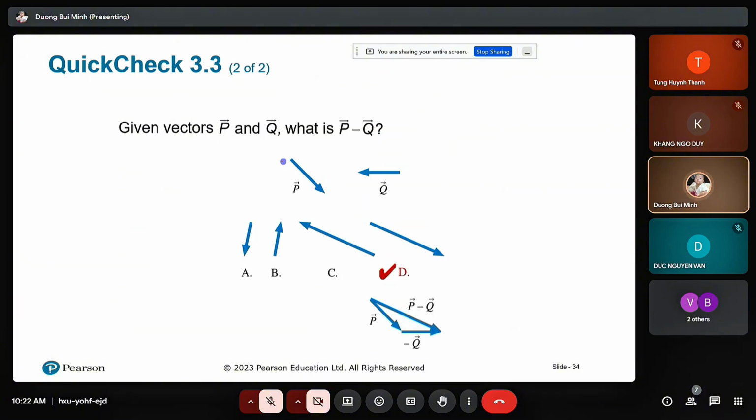This is vector B, this is vector Q. So you can get the relative vector like this. So the correct answer is D.